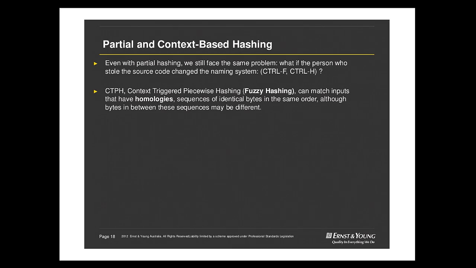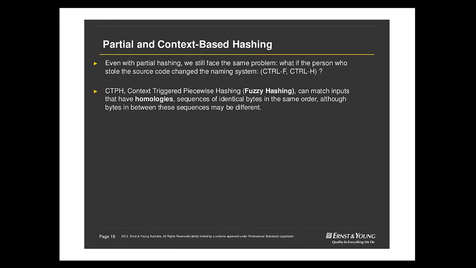Still, even using these partial hashes would fail if the infringing party did a really simple obfuscation like control find, control replace. So I'm going to call all my functions @, like @_. That would really destroy the use of the hashing functions.